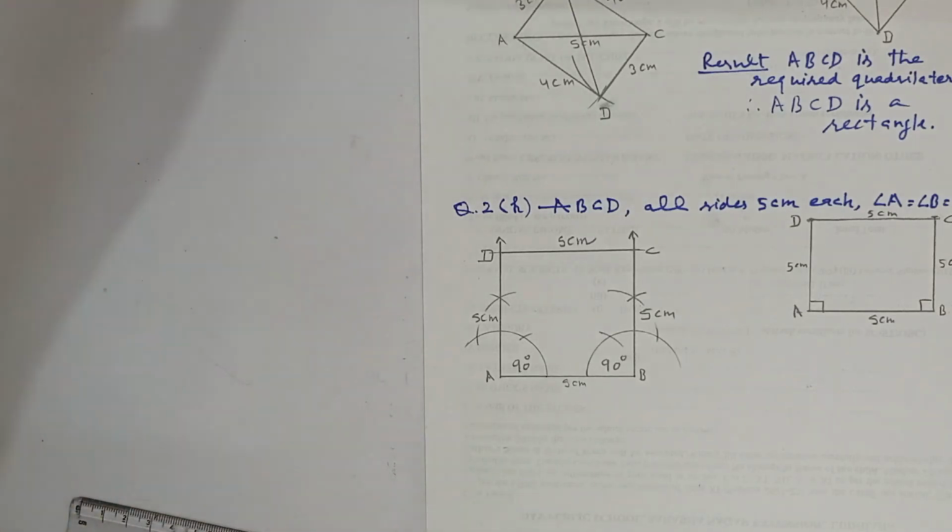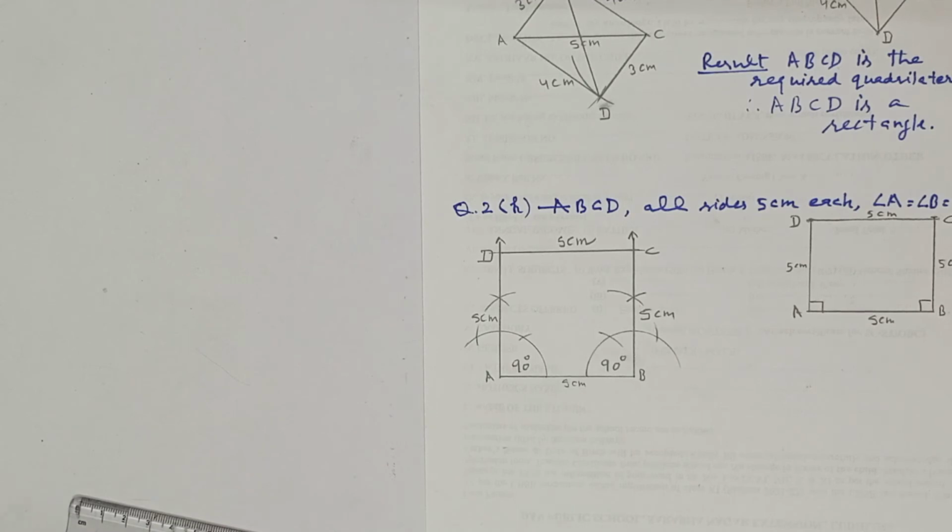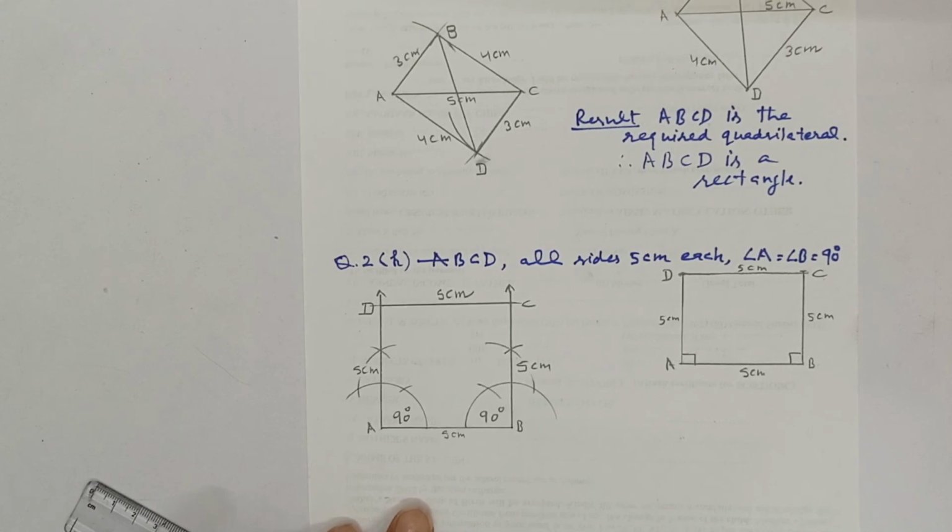Now we have completed all brain teasers of chapter number 12, construction of quadrilaterals. In my next videos, I will post HOTS and enrichment questions solutions. You all are advised to do all the questions yourself, taking care that you should have the instruments related to compass in the best way.